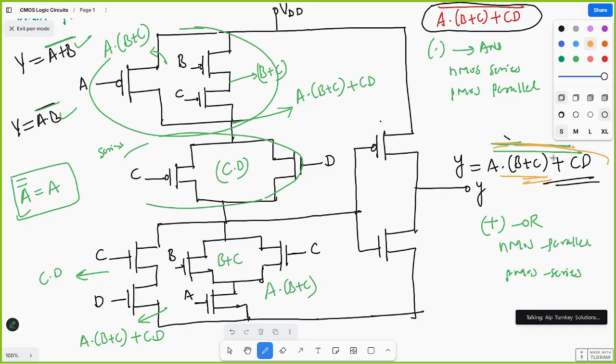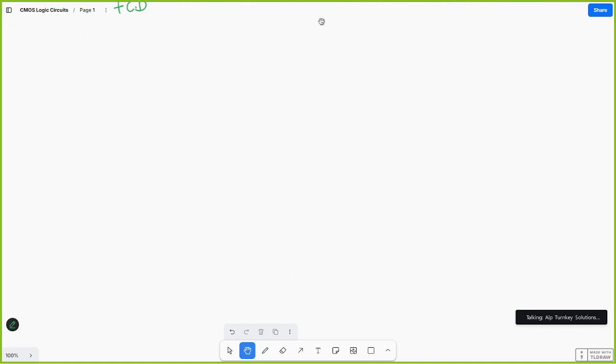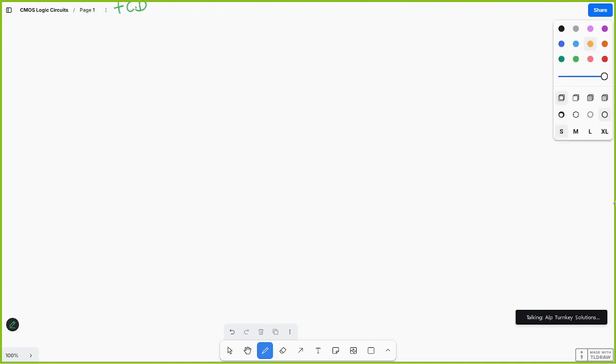Like in digital, we implemented one function using NAND gate and NOR gate. You can go through the digital circuits and implement those functions also. Let us take y equal to a bar plus b c bar, we implemented, no? So this you can implement. This is task 2.